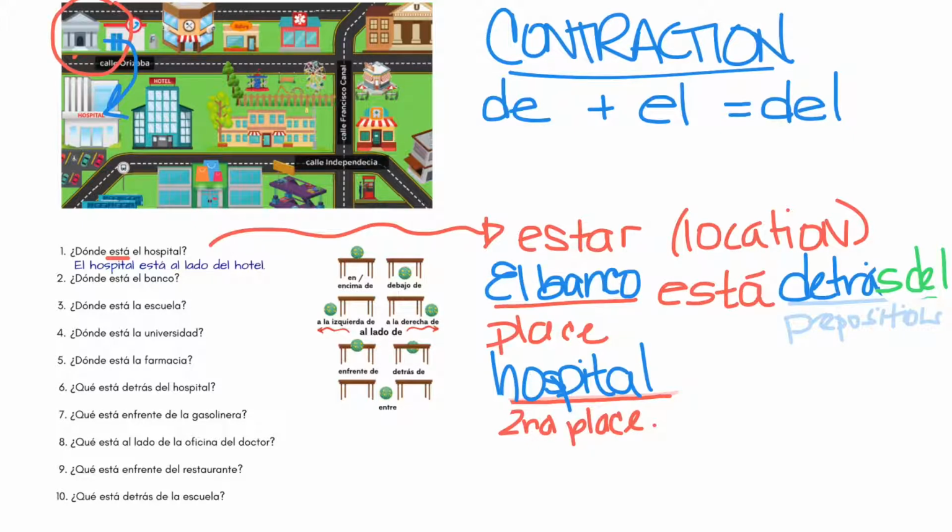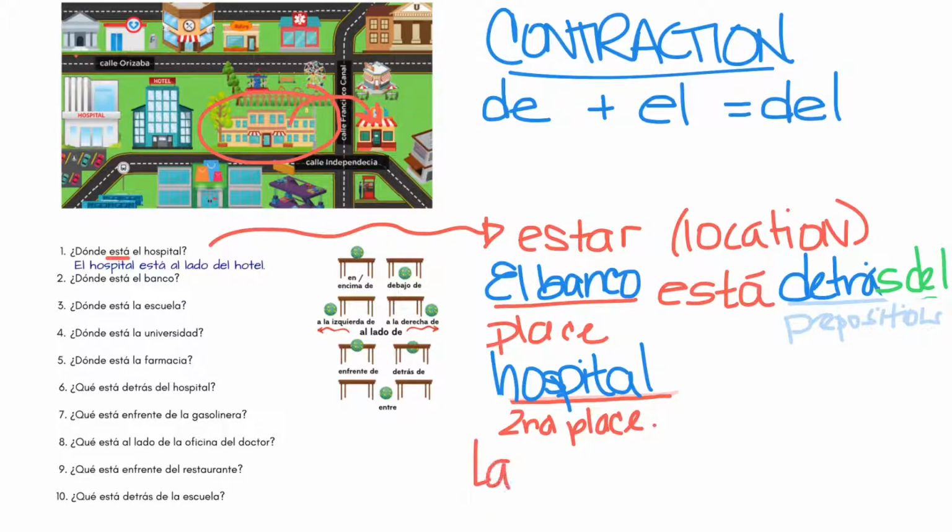Let's try another one. ¿Dónde está la escuela? So I'm going to locate la escuela, the school. And it's right here. Again, I have many possibilities. But I think I'm going to use next to. And this is the dentist's office.